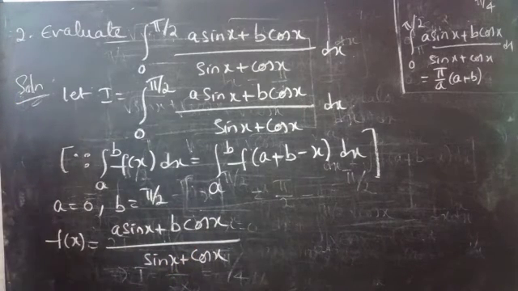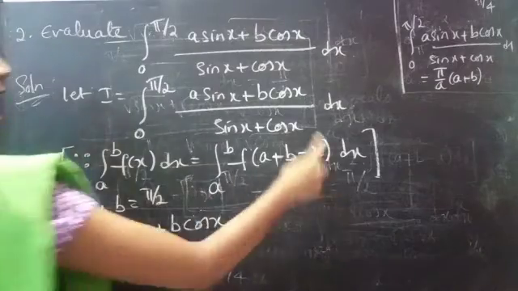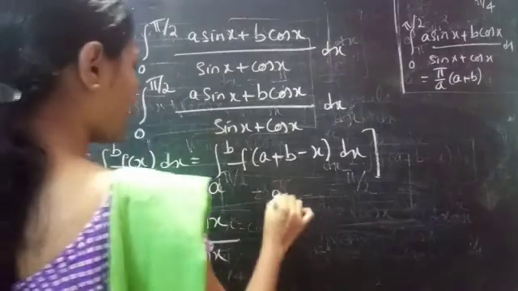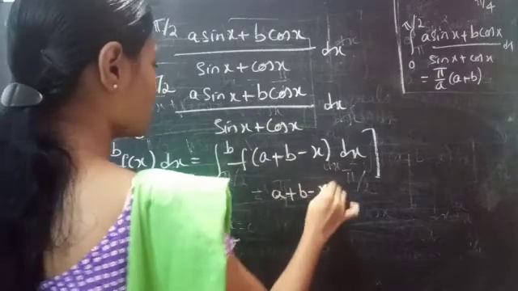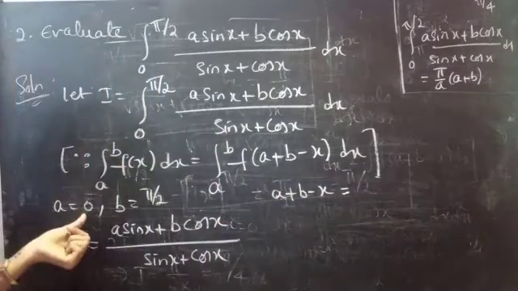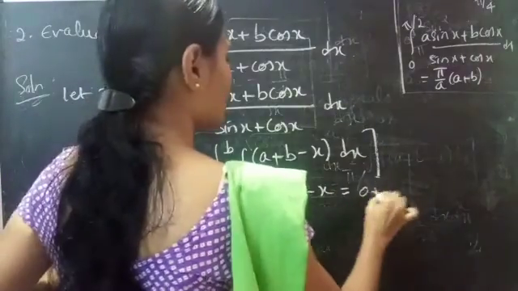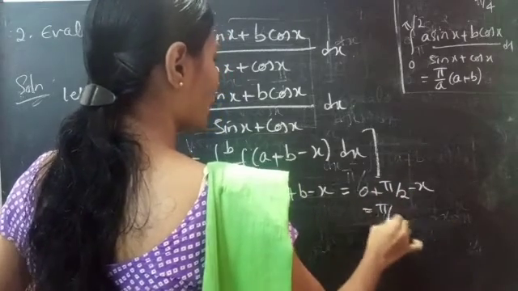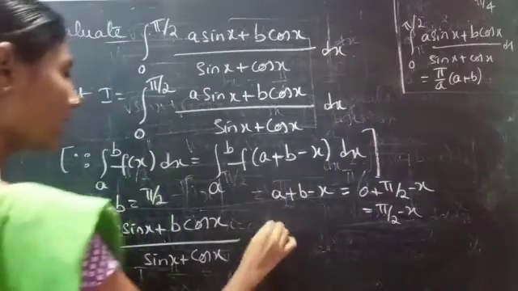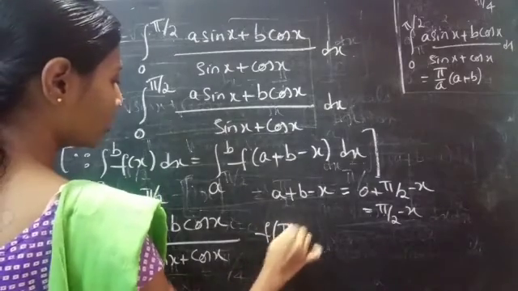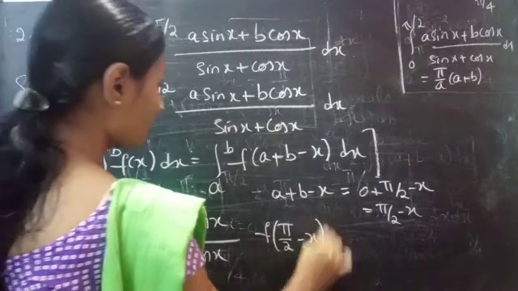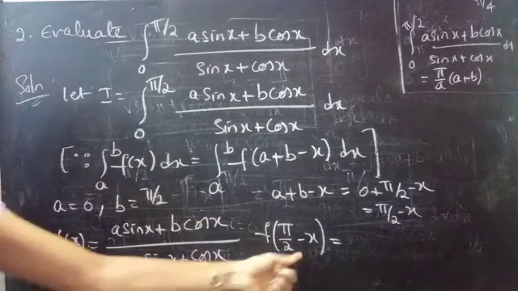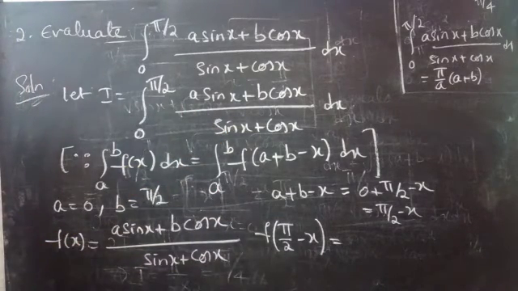Okay. So now we need f of a plus b minus x. A plus b minus x equals 0 plus pi by 2 minus x, which is pi by 2 minus x. So you need f of pi by 2 minus x. Now replace x with pi by 2 minus x.